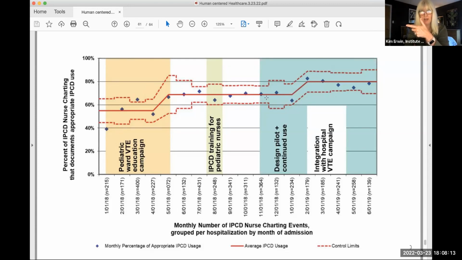It didn't create any change. And then our design pilot, which is the green band, brought up about 15 percentage points the success rate of controlling or promoting movement with children in the pediatric ward. And it was a sustained change. That change holds true today.